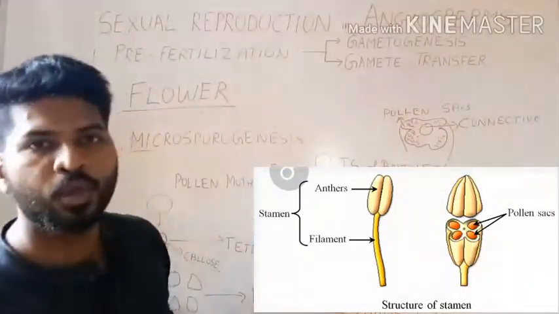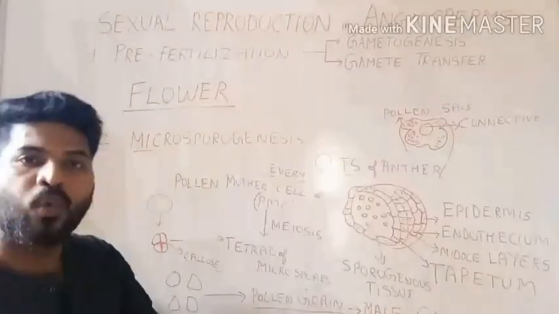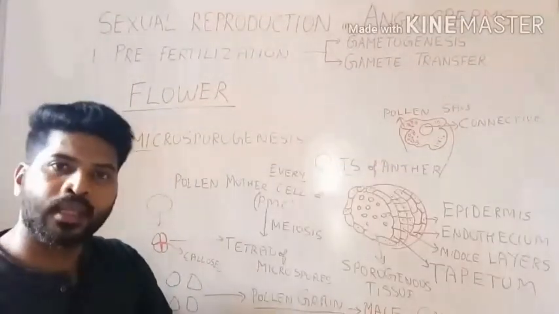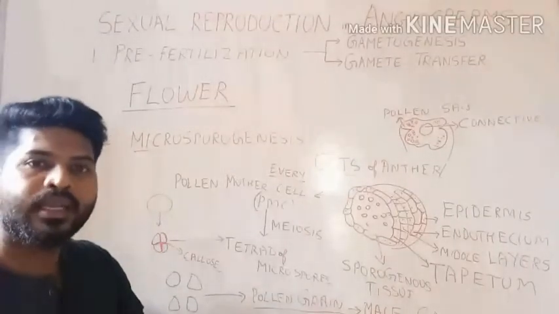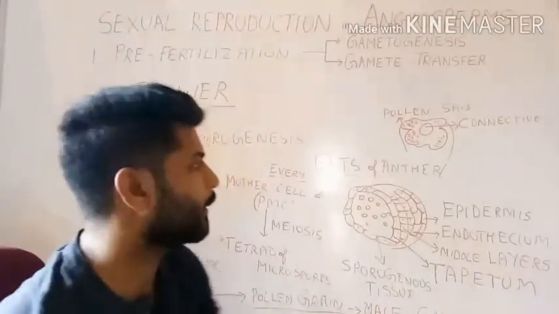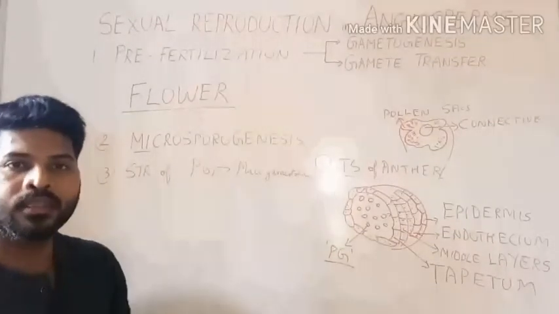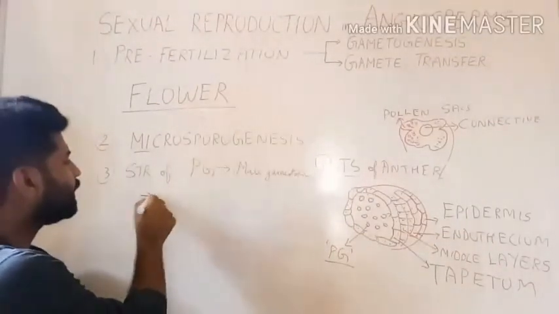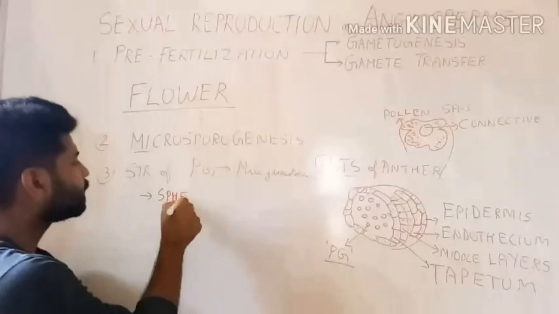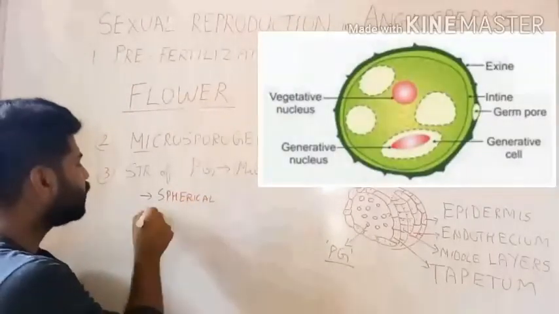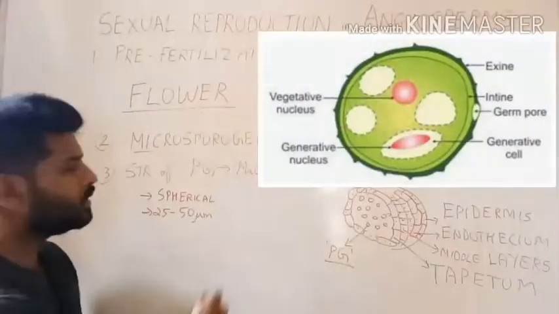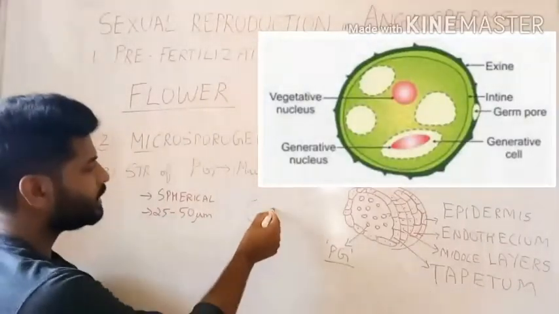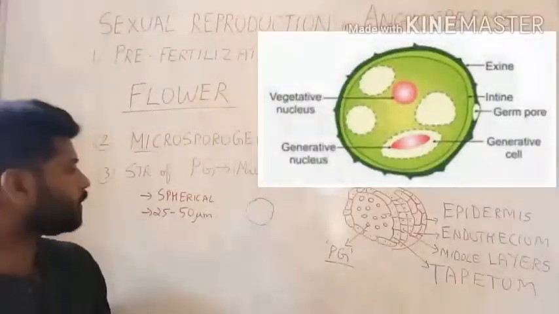Sacs that contain pollen grains. What does the pollen grain look like? What does it have inside it? And are there any uses for the pollen grain? You would find that the pollen grain is usually spherical, around 25 to 50 micrometers in size. So it is roughly spherical.